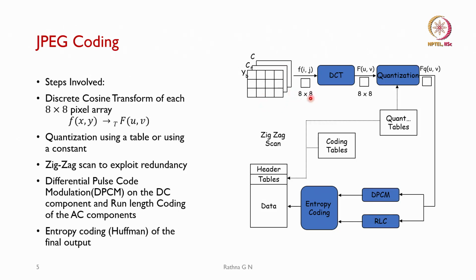We will consider 8 by 8 blocks, as you can see, each image is divided into blocks of 8 by 8. We will do the DCT of each, and the output is f of u comma v. Then we do the quantization, and we call the quantized output Fq of u comma v.